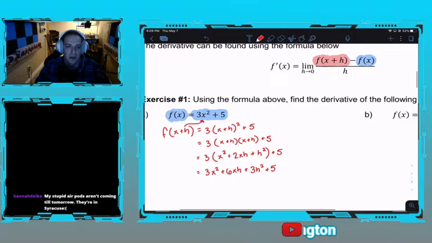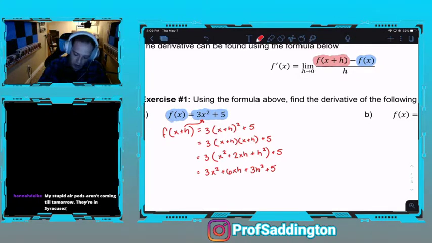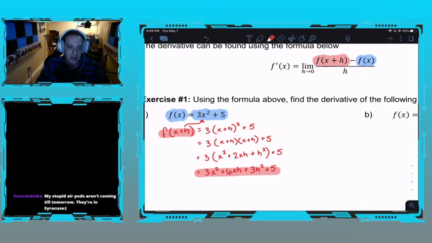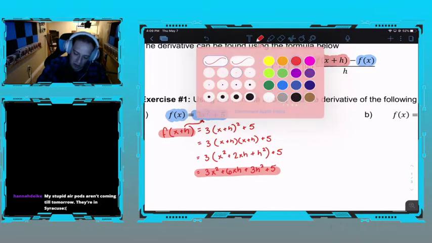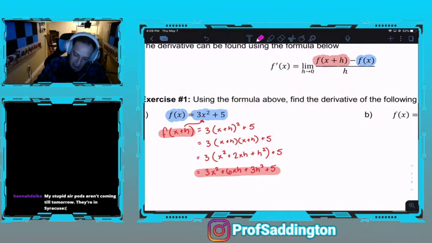Okay? So now that we know f of x, we also know f of x plus h. We're just going to take that information and plug it into the formula that I wrote above. I'm going to choose pink.